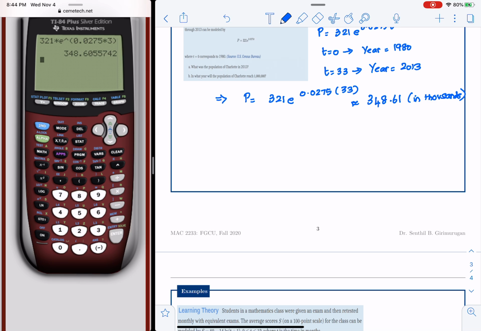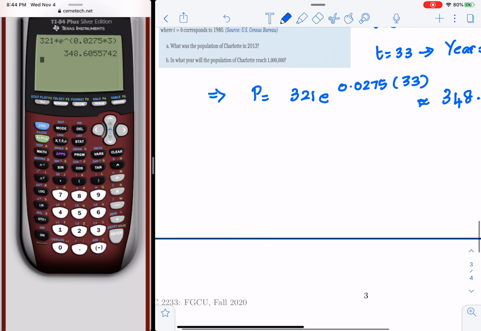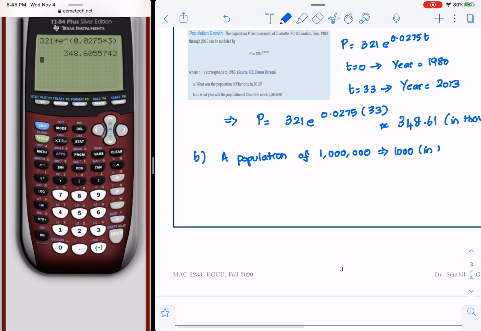So first thing to do is to convert that 1 million to thousands. We want it in thousands because the problem is modeled as P equals something in thousands.